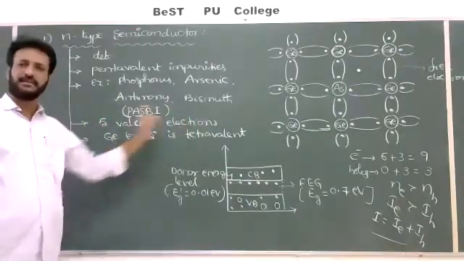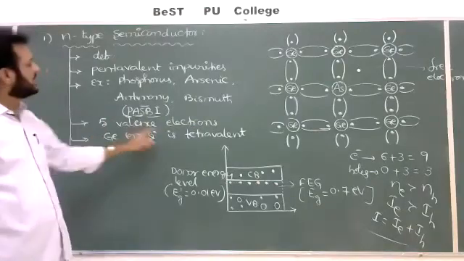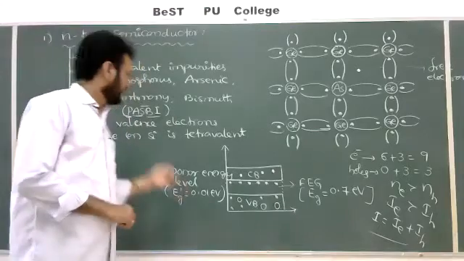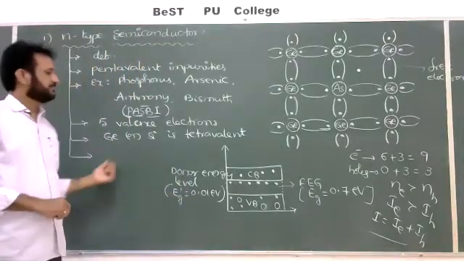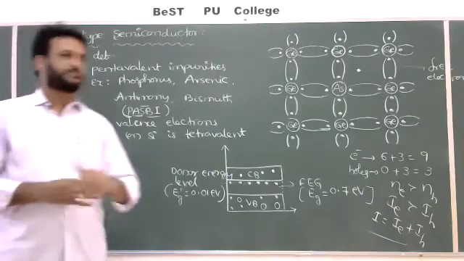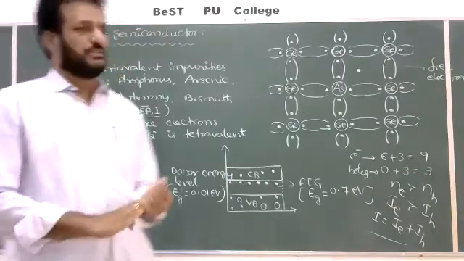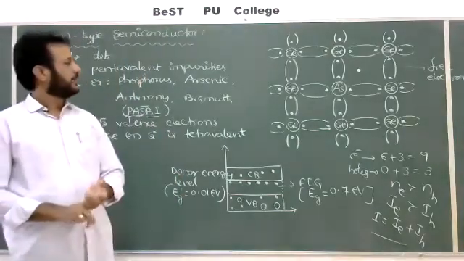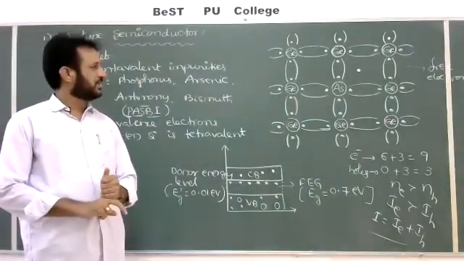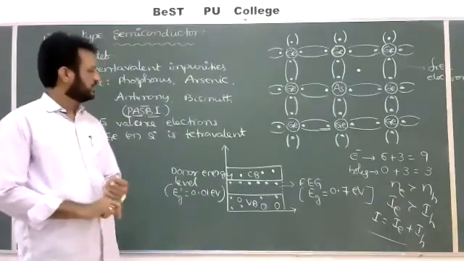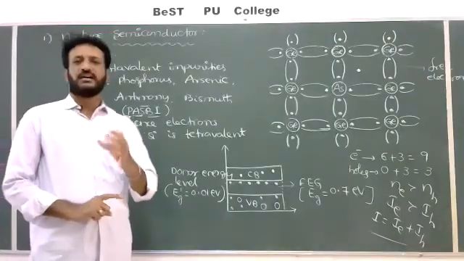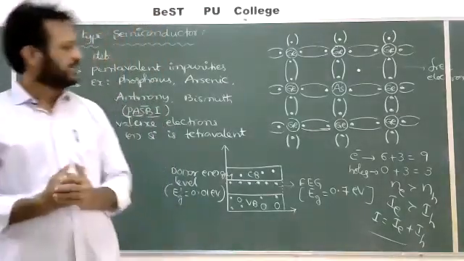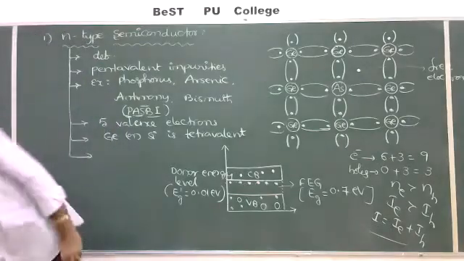Now, pentavalent atoms have 5 valence electrons, but germanium or silicon is tetravalent. It contains 4 valence electrons. Now we can write: pentavalent impurity atoms are also called donor atoms.